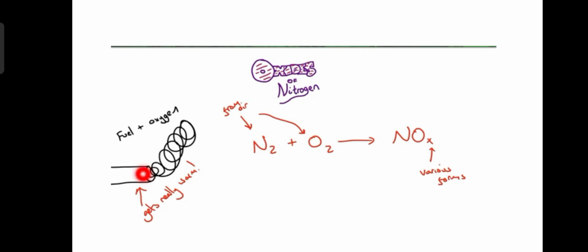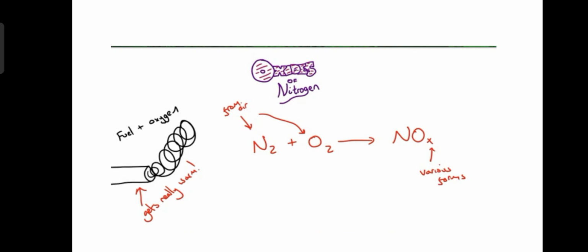When the combustion process takes place, the exhaust of vehicles gets warm. Nitrogen and oxygen are both present in air, and they require some specific conditions to react. If we provide suitable conditions, they will be able to react.